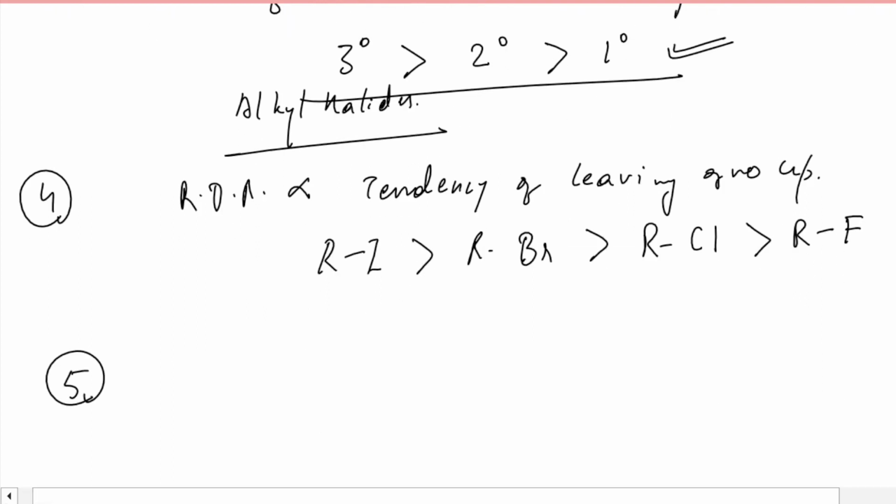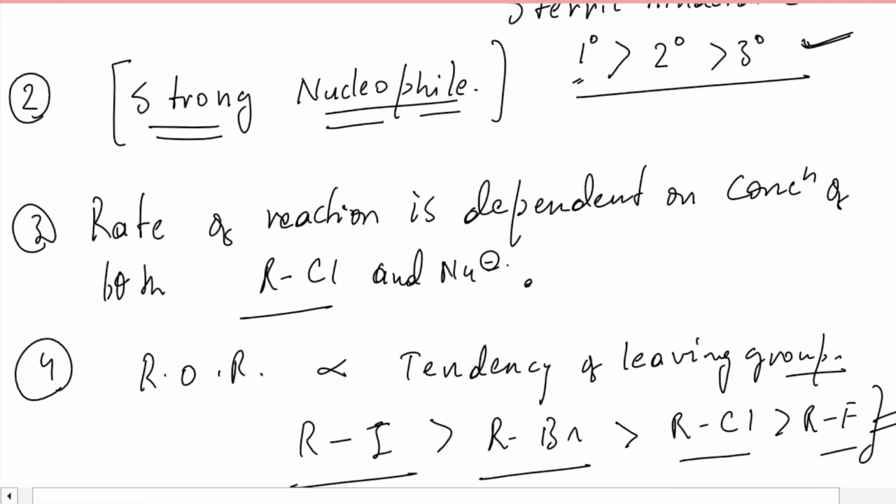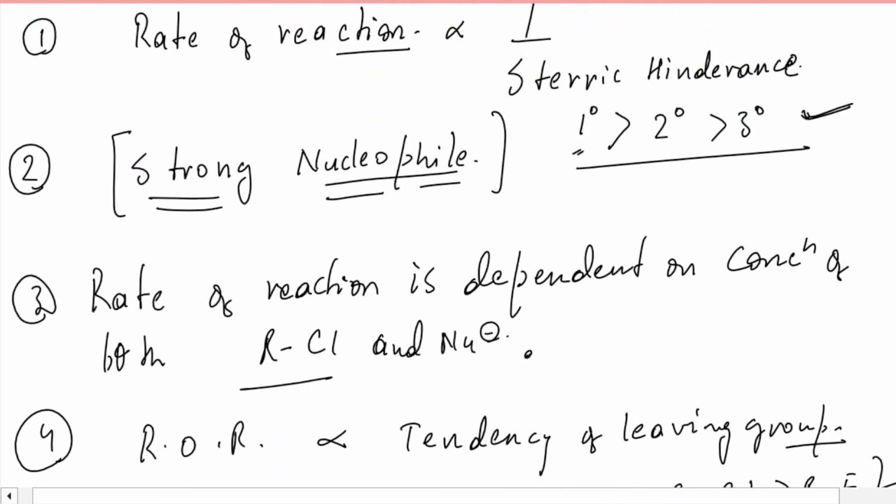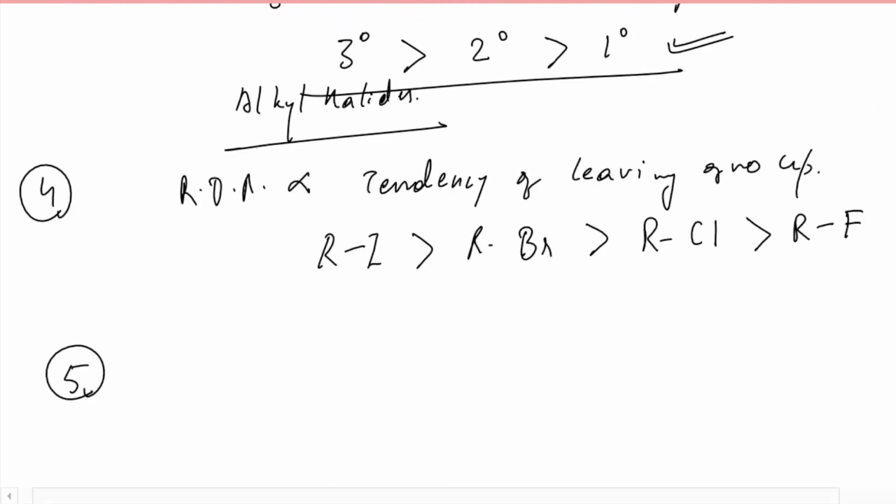Fifth one we can mention here is the rate of reaction is only dependent on the concentration of substrate. Rate of reaction will be equal to k times the concentration of substrate.